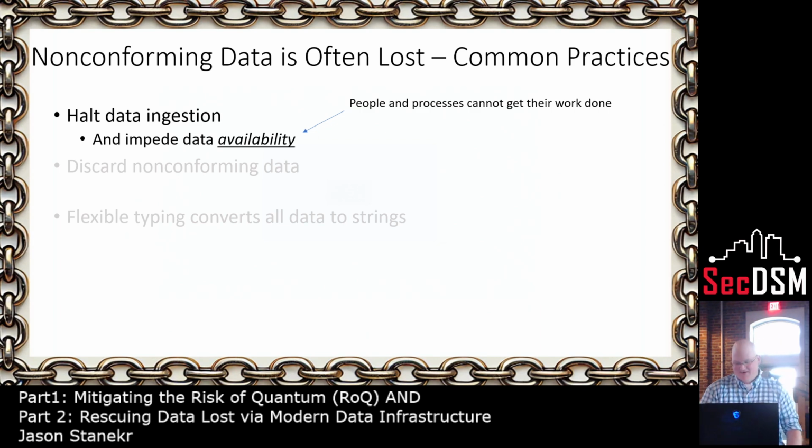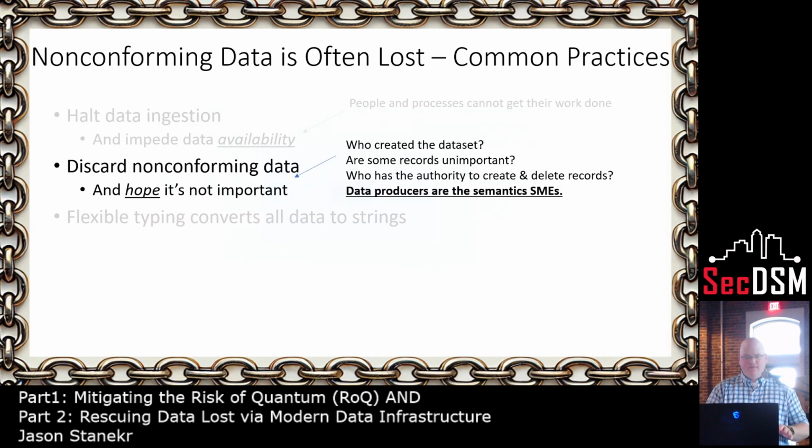Yeah, CrowdStrike. Now, what if instead we were to discard that data file that described how to detect and understand and mitigate against vulnerabilities? We can't throw away data and hope that it's not important, because if it were the CrowdStrike file, we wouldn't be able to detect and handle those problems.